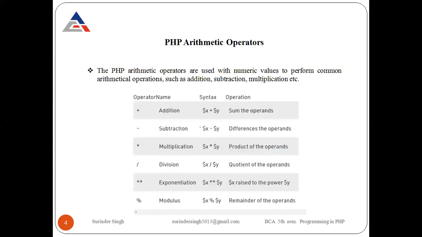Now we have first operator, arithmetic operator. In PHP, arithmetic operators are used with the numeric values to perform common arithmetic operations like addition, subtraction, multiplication. And these are the operator symbols: addition, subtraction, multiplication, division, modulus, and exponential.